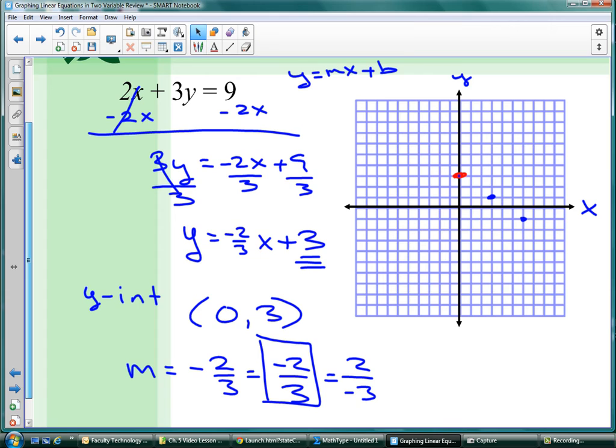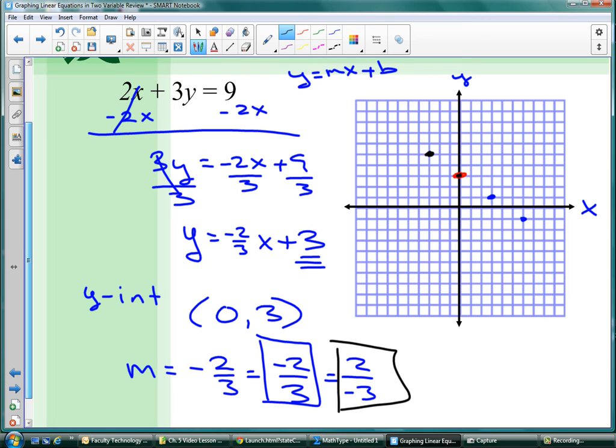I also can go from my y-intercept up and to the left, because if I use this one, it says positive 2 over negative 3. So positive 2 means go up 2 and negative 3 means 3 to the left. 1, 2, 3. You notice it still ends up being on the same exact line.